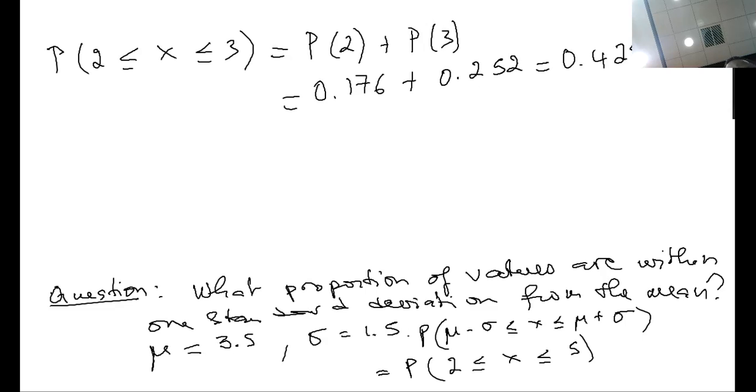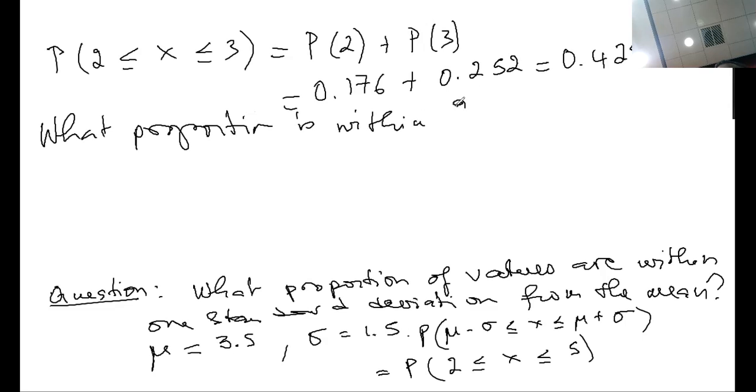So what about 2 standard deviations? What proportion is within 2 standard deviations? So we are going to do the probability of mu minus 2 sigma.